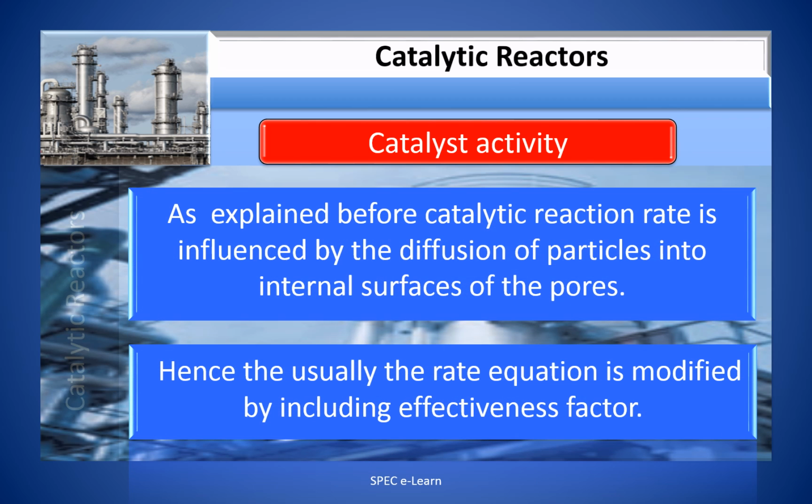As explained before, catalytic reaction rate is influenced by the diffusion of particles into internal surfaces of the pores. Hence, usually the rate equation is modified by including an effectiveness factor.